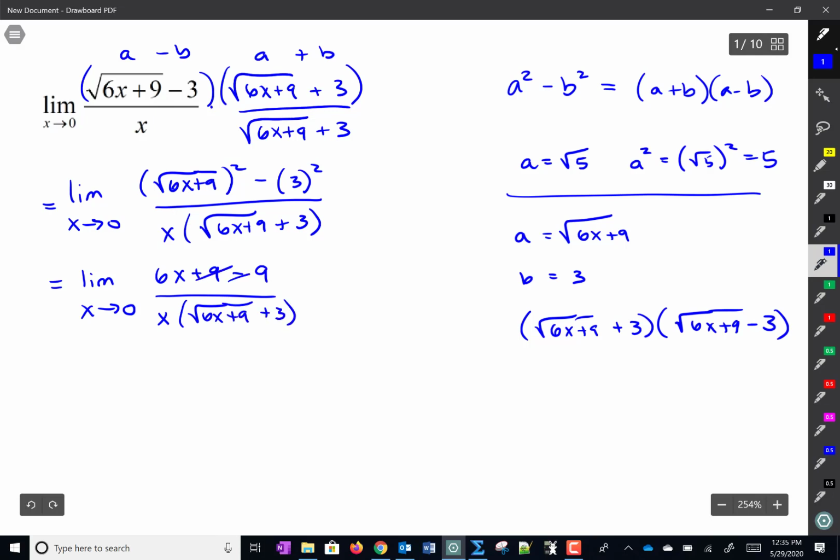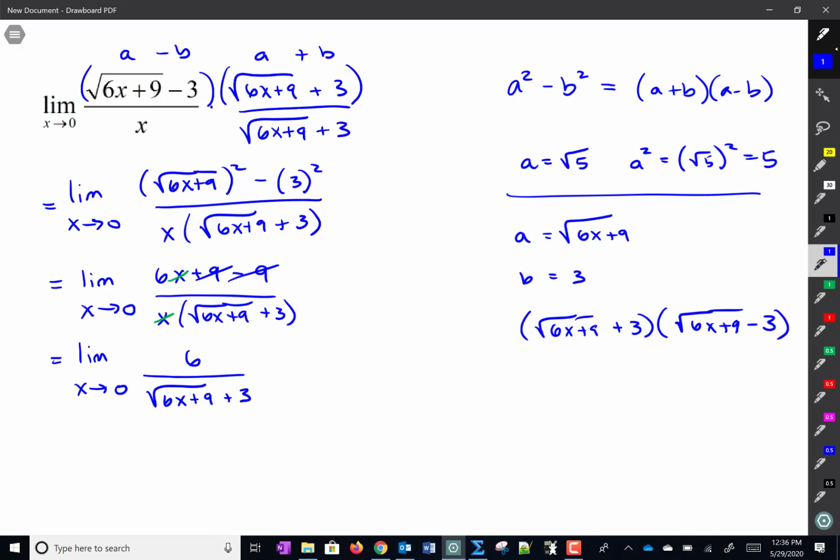But this positive 9 and negative 9 cancel out, and then I just have 6x in the numerator. 6x and the x factor in the denominator will cancel, which leaves me with the limit as x goes to 0 of 6 over the square root of 6x plus 9 plus 3. So a much different form than what I had originally.